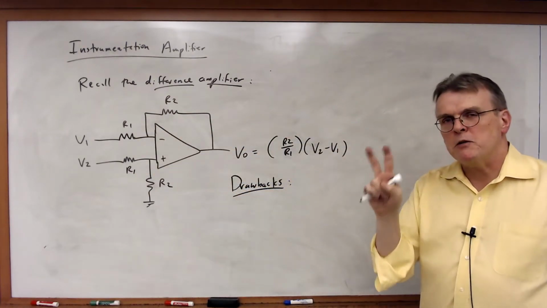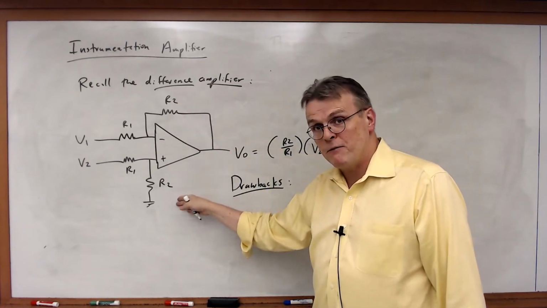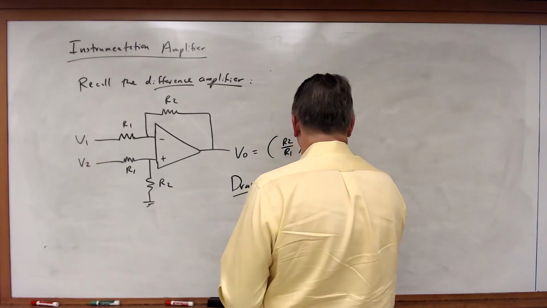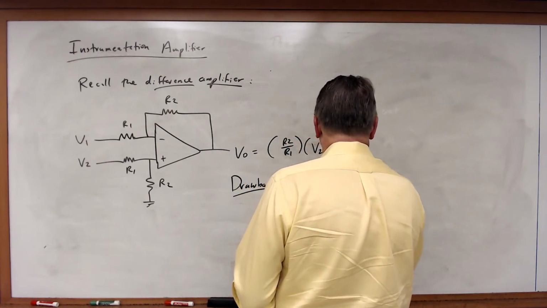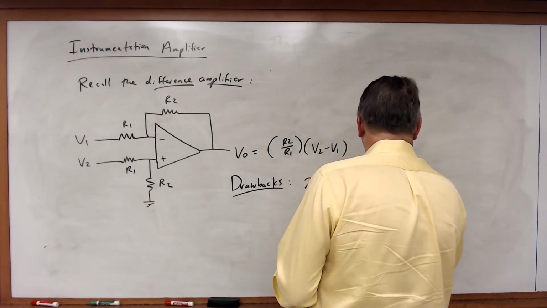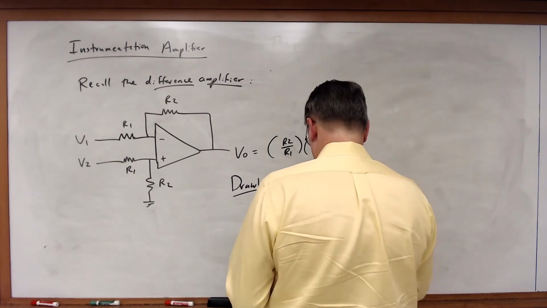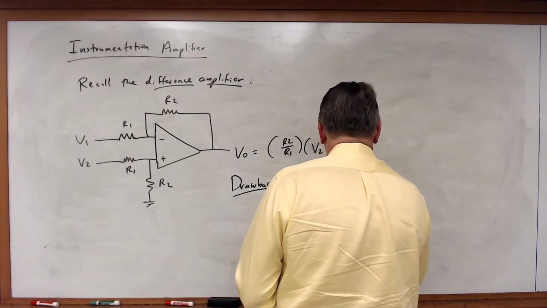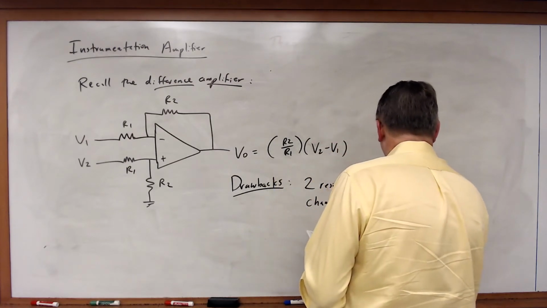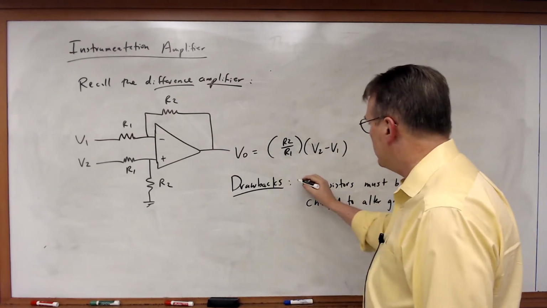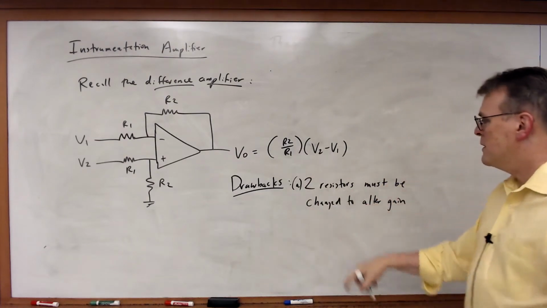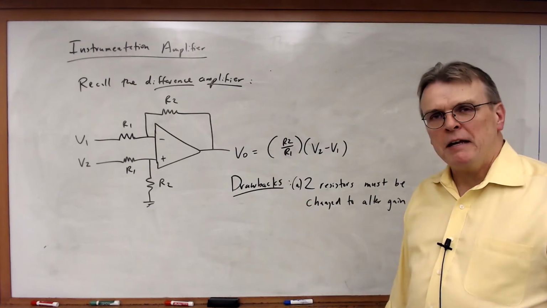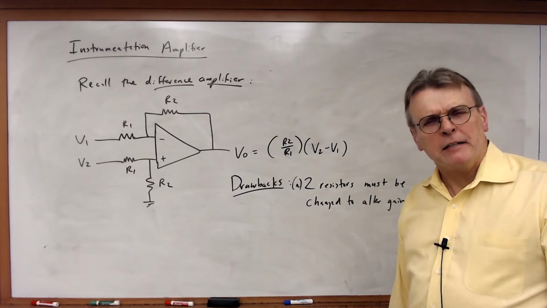Two resistors have to be adjusted, and they have to be very closely matched in value for this circuit to work properly. So if we want to alter the gain, we need to change two resistors, which is doable, but it's really not very elegant.